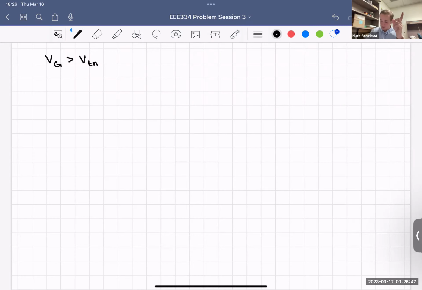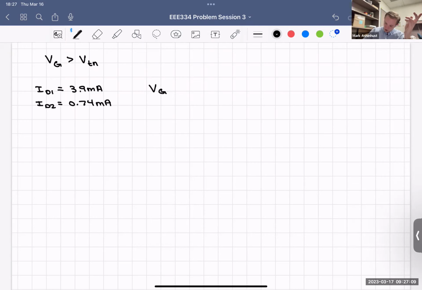That's what we're going to check with our values of ID1, which is 3.9 milliamps, and ID2, which is 0.74. So we're going to test both of these and see which one is greater than our threshold, and that's the one we want.